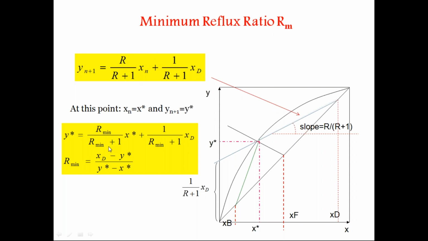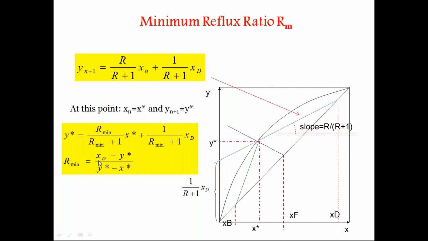So R can be replaced with R minimum, whereas your xn can be replaced with x star, which is the value of the intersection, and then y n plus 1 can be replaced with y star. By knowing the feed condition and feed composition, you are able to find out this x star and y star.